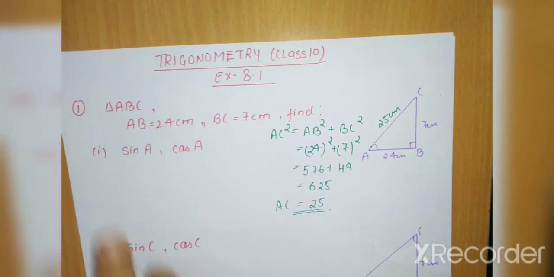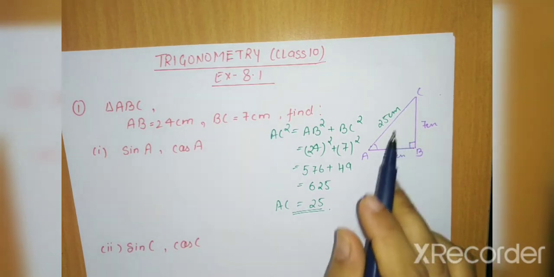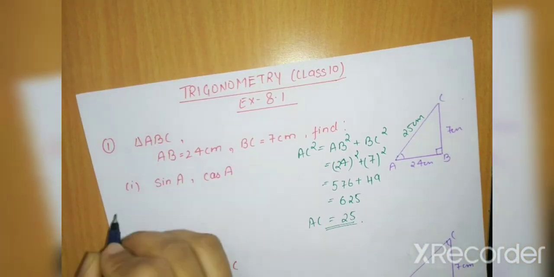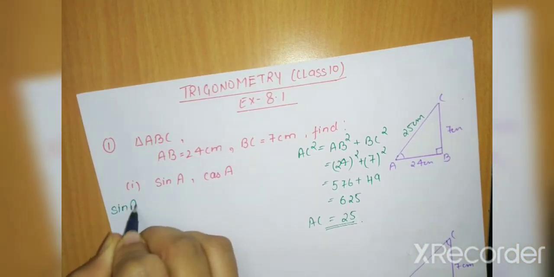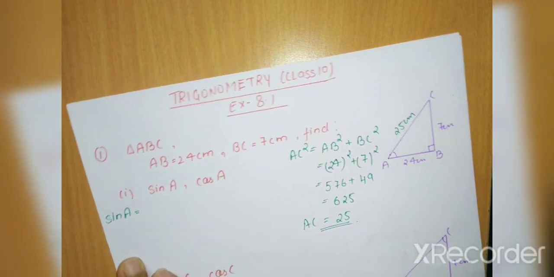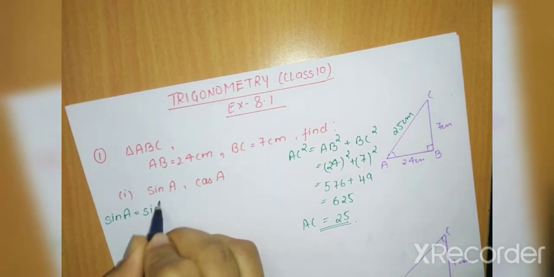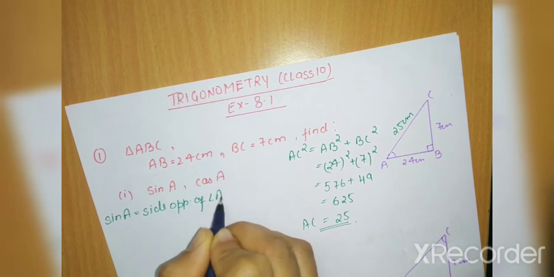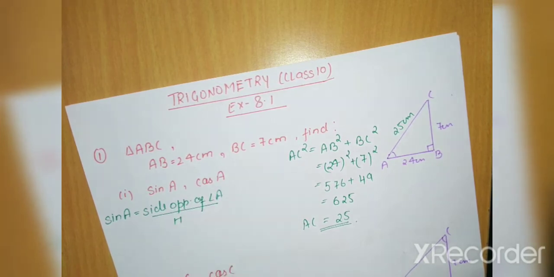For sine and cos, you just need the value of perpendicular, base and hypotenuse, and you can see we have all three sides. Let's start with sine A. Sine of angle A is the side opposite of angle A by hypotenuse.